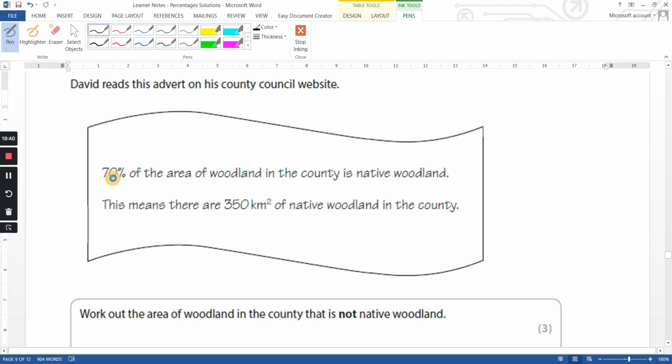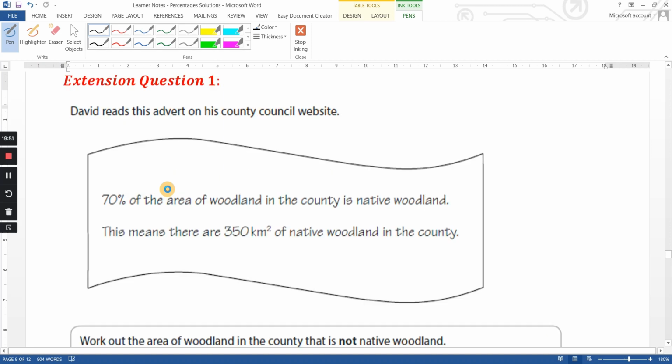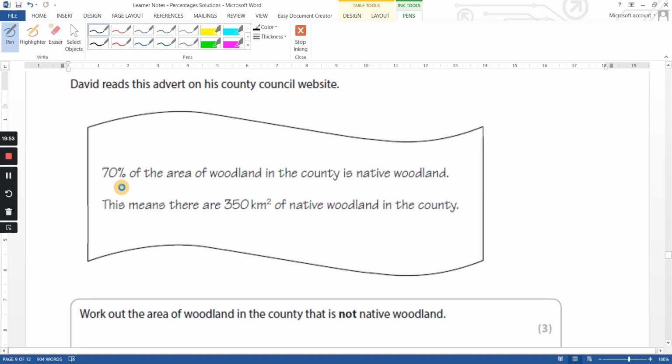So 70% of the area is woodland. This means that 350 kilometers squared is woodland. So just be careful with this. See the way it's been worded. They're saying 70% is native woodland, and this means that there are 350 kilometers squared of native woodland. They're talking about the same thing.